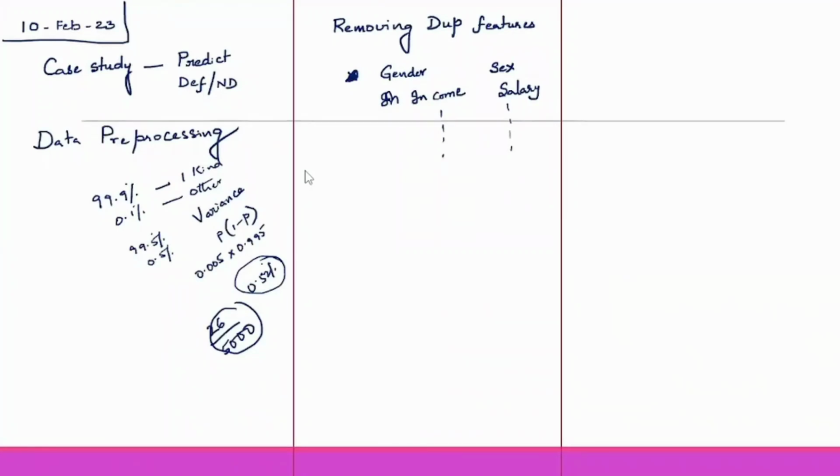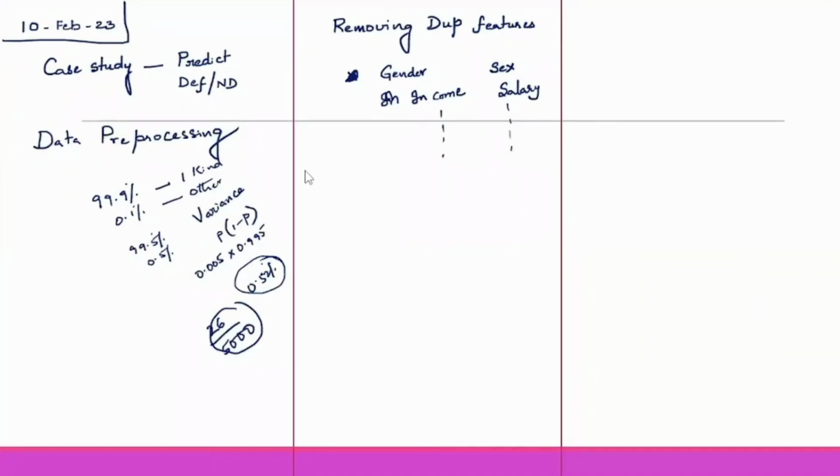So these are the ones we call duplicate features, right? The name might be different, but the content could be exactly the same. So these kinds of features, obviously, will carry a correlation of 1, which is very clear. But sometimes a correlation of 1 can be associated with different features also.